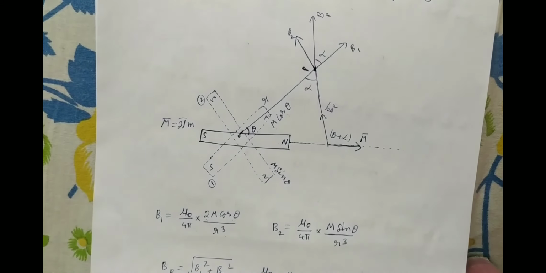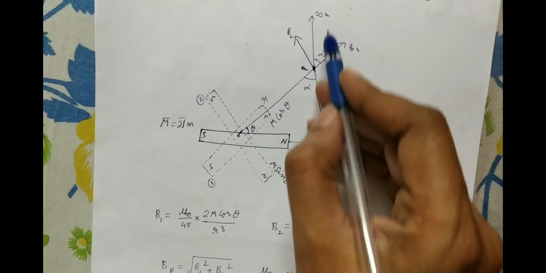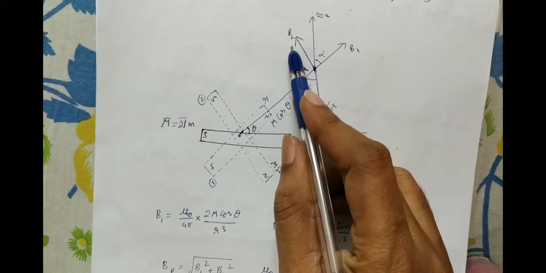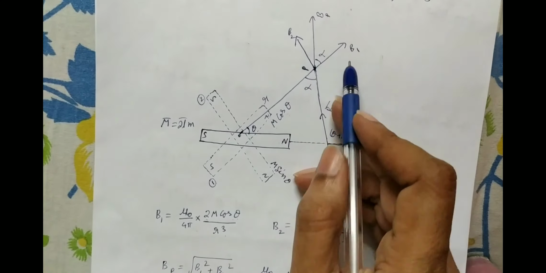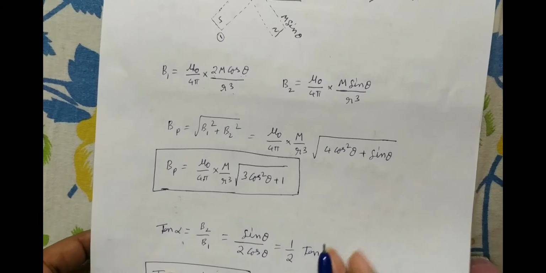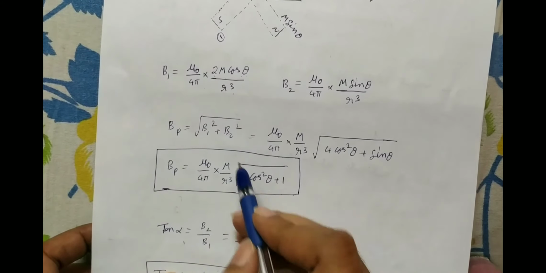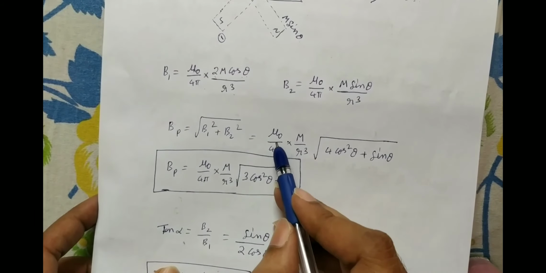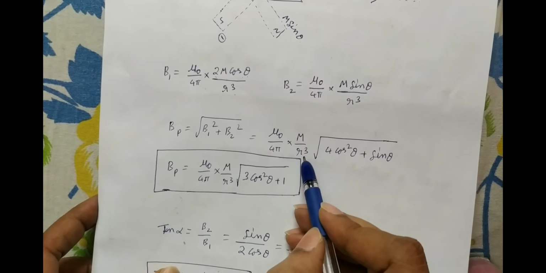What is the resultant field? Total field at point B is equal to square root of B1 square plus B2 square plus 2 B1 B2 cos 90 becomes 0. That's why what you get here, square root of B1 square plus B2 square. B1 B2 values both we know, and common terms I took here, mu naught by 4 pi m by r cube. And what remains there?